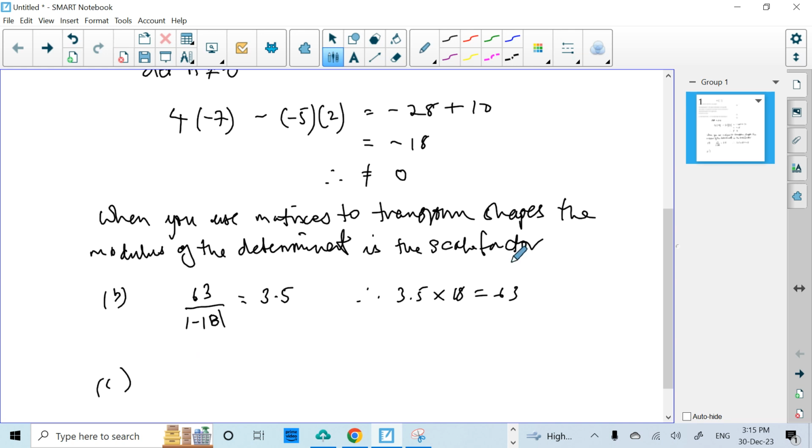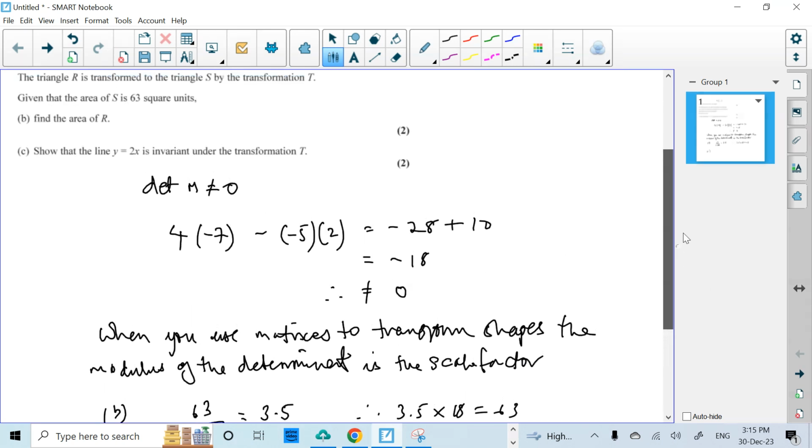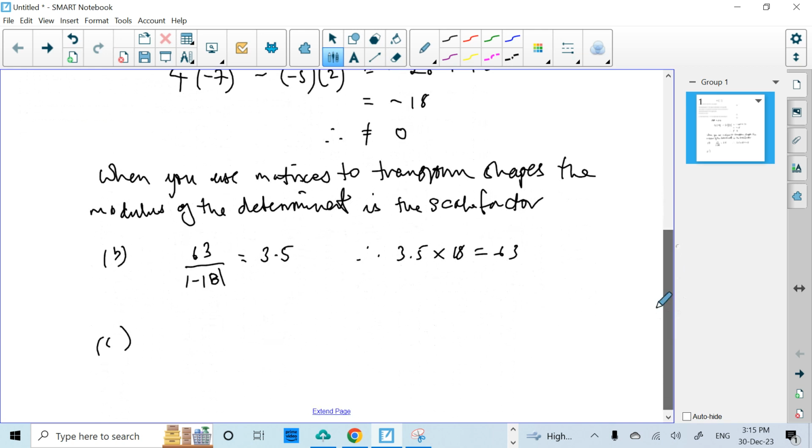If the line y equals 2x is invariant, then we take the matrix 4, minus 5, 2, minus 7, and multiply that by x and 2x, because that's going to lie on the line, as we're looking at x and y coordinates.